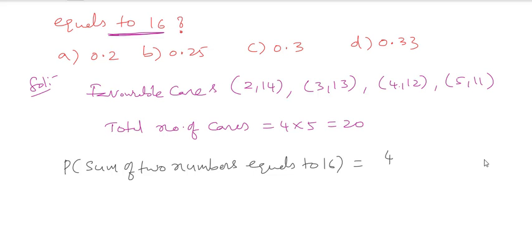My favorable cases are 4, divided by 20, which is 1 by 5. The answer is 0.2. Clear? Yeah, that is how you people have to do it. Right? Clear or not? Yeah. And one more problem.